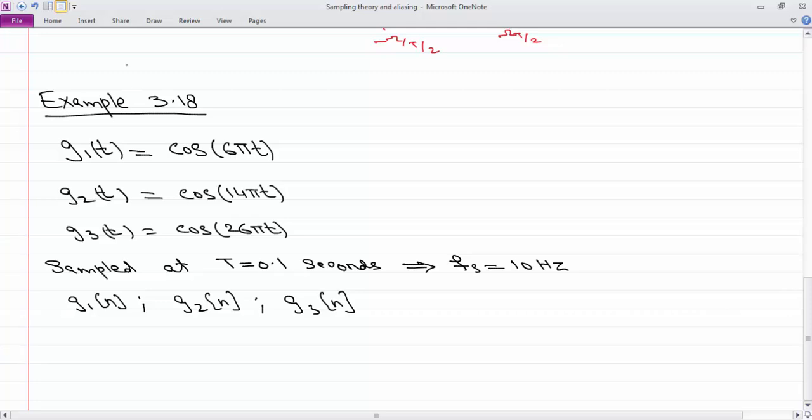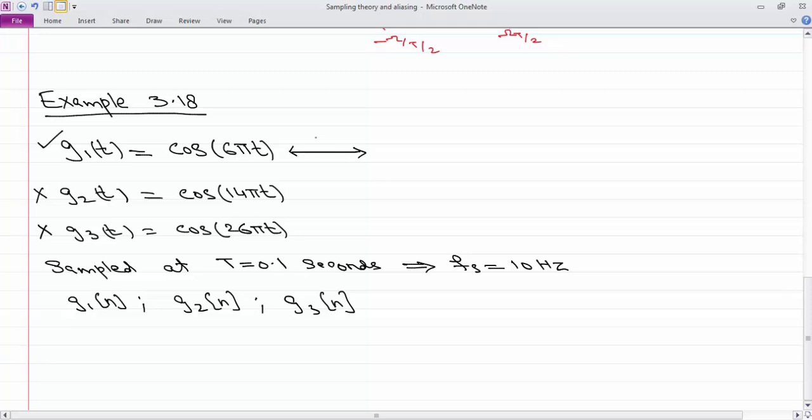So according to the Nyquist criterion, this g1(t) will be perfectly preserved after sampling because it's smaller than 5 Hertz, which is half the sampling frequency. Both g2 and g3 will undergo aliasing. So the question is, we started with 7 Hertz and 13 Hertz frequencies. Where will those frequencies end up? Where will the folding happen? That's the phenomenon we want to understand.